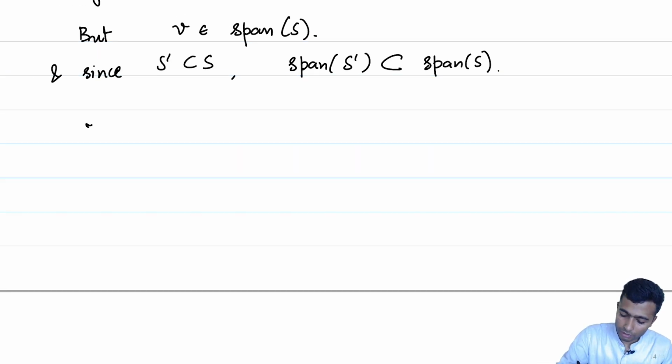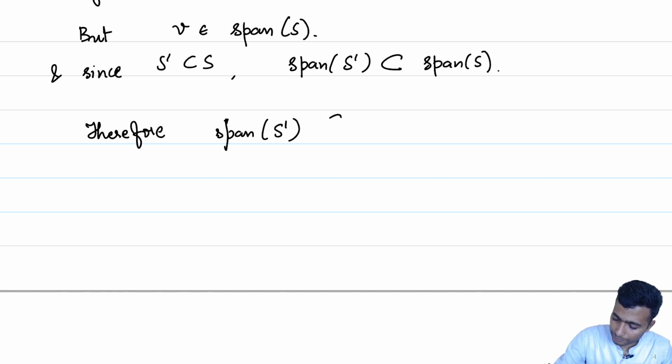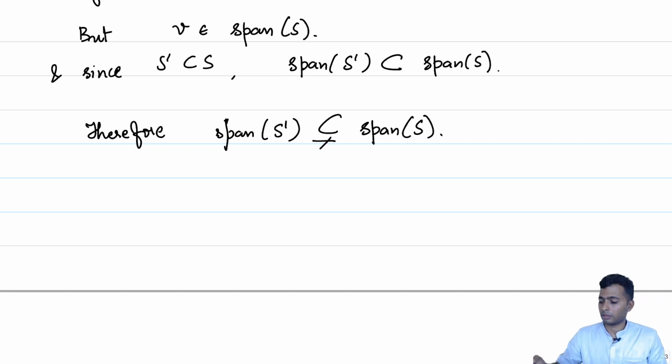And therefore, span of S prime is a strict subset of span of S, and this is precisely what we had set out to prove.